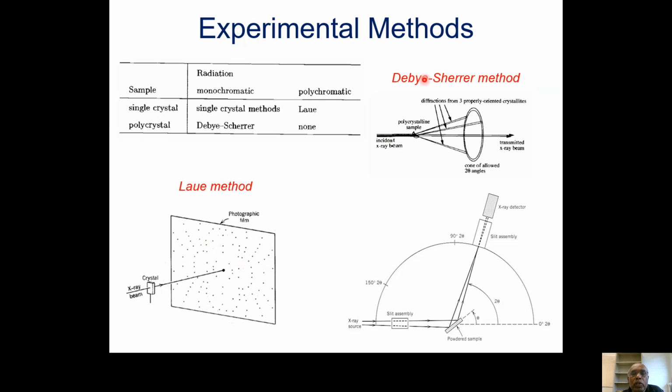But if you use the Debye method, here we are talking about a polycrystalline sample, but we use monochromatic light. Then you will see these nice diffraction cones coming out at the 2θ angle, and we'll talk about that later.